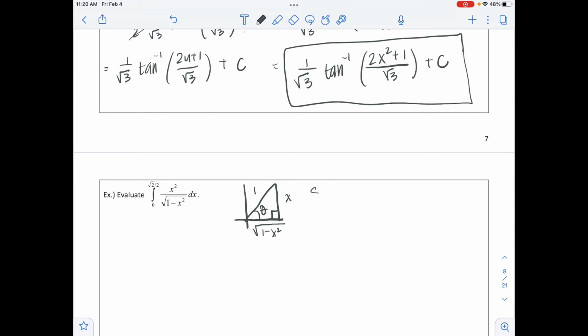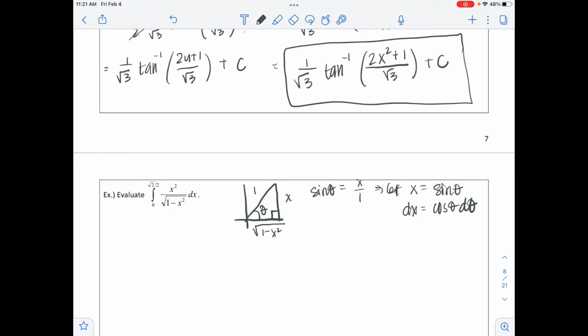And so we know that sine of theta is equal to x over 1, which means we're going to let x equal 1 times sine theta, or just sine theta. Then we see that dx is equal to cosine theta d theta.